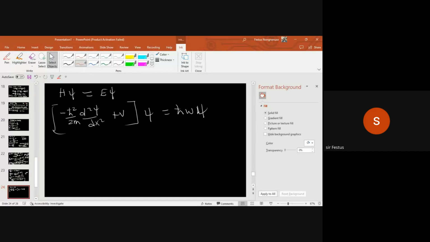So this one, I'm just showing you what we are at. So multiply h squared over 2m by equation star star.